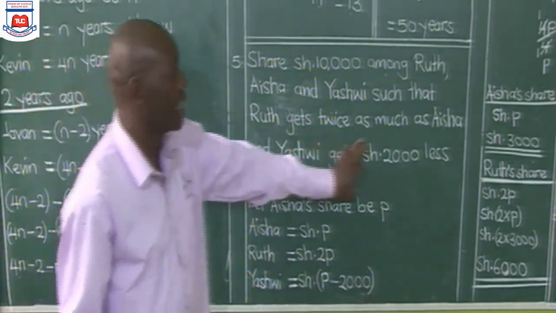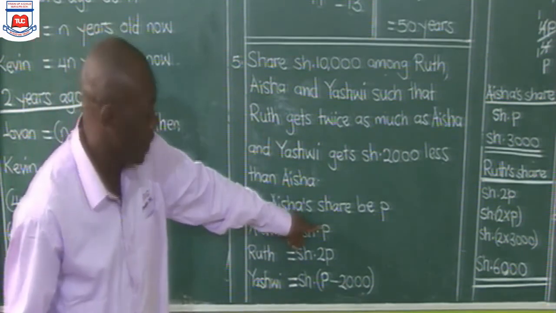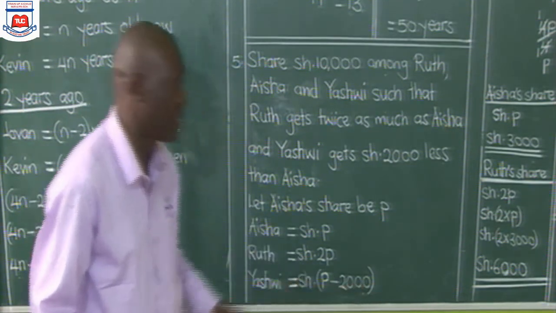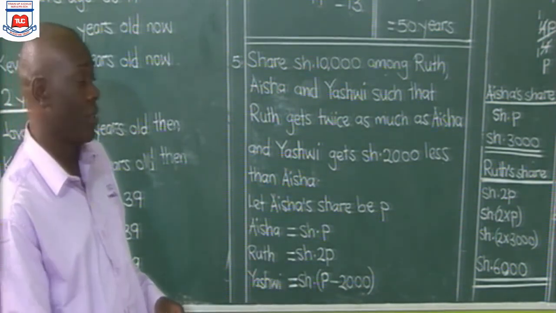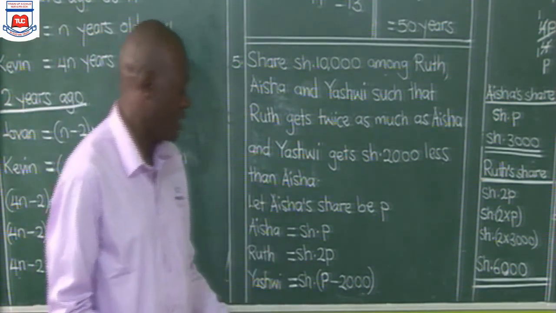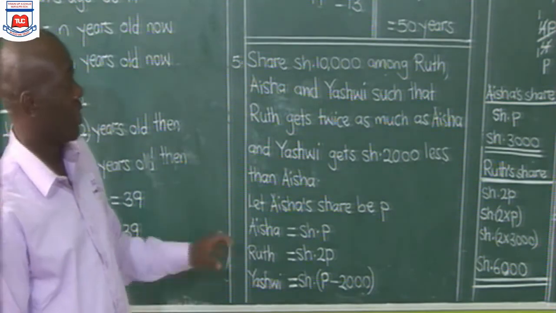Because Yasri gets 2,000 shillings less than Aisha, who has got P. Thus, Yasri gets P minus 2,000 shillings. Because the word less, you lessen. To lessen is take away from the original. So that is P minus 2,000 shillings as Yasri's share.